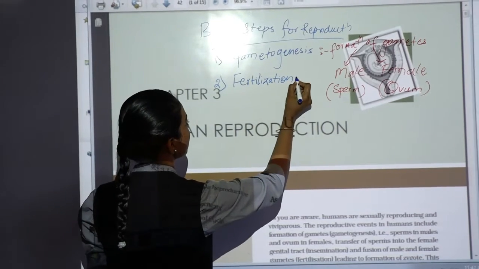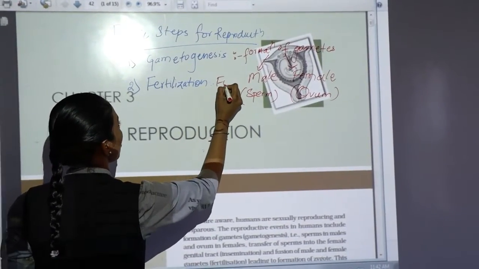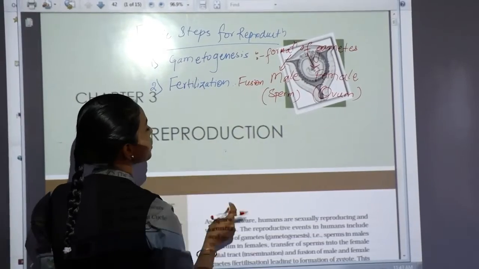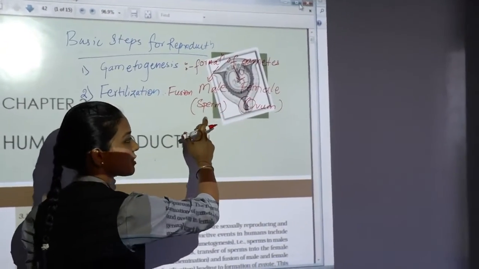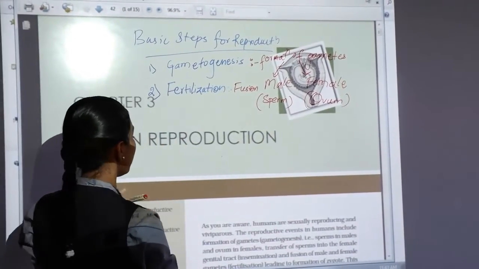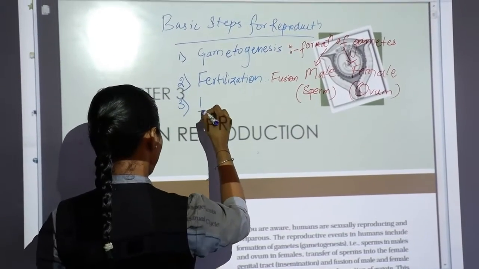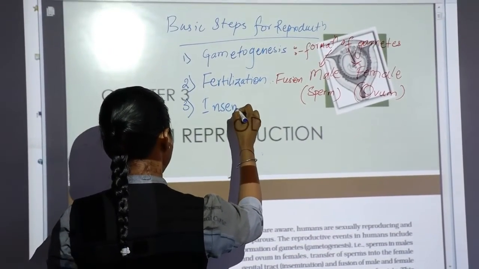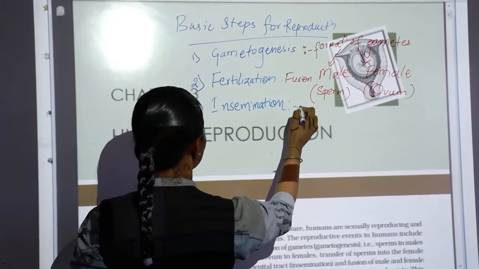Fertilization is the fusion of male gamete and female gamete, fusion of sperm and ovum. Then the next term is insemination.